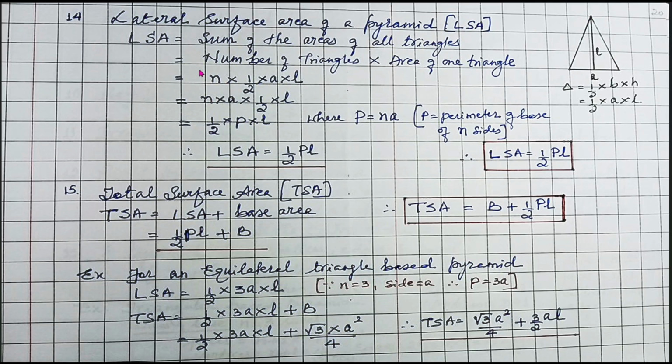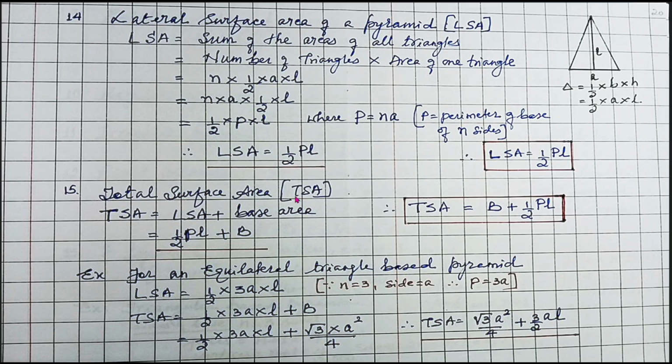Therefore it is n into half into AL. If I rearrange, I have n into A and half into L. N into A gives us the perimeter of the base of n sides, so when we multiply, it is half PL. Therefore, the lateral surface area of a pyramid is half into P into L. Remember that.